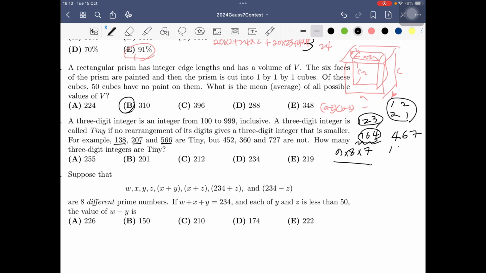So if I have 1, 2, 3 digits, then I need to remove the possible arrangements. This arrangement can be 3, 2, 1, so I divide by 3 times 2 times 1 here.